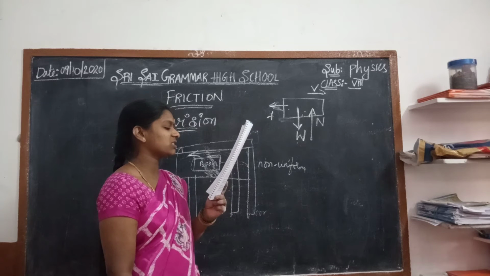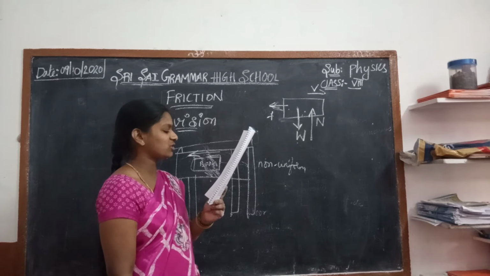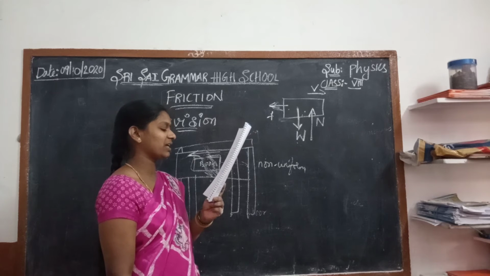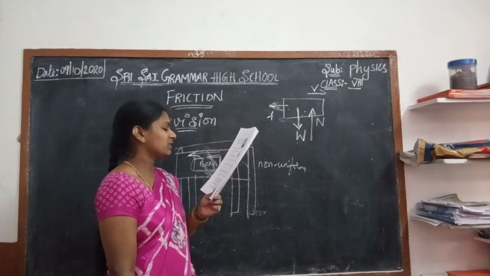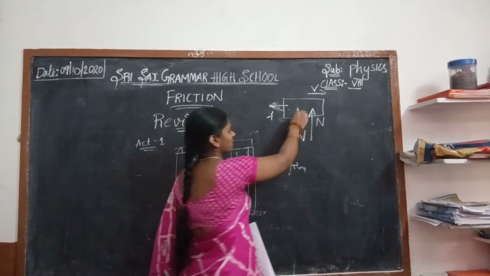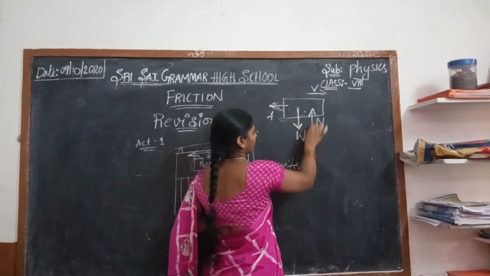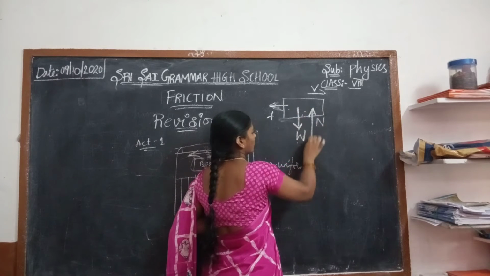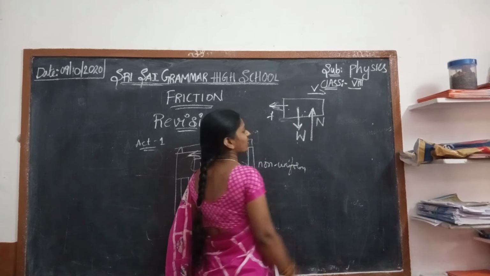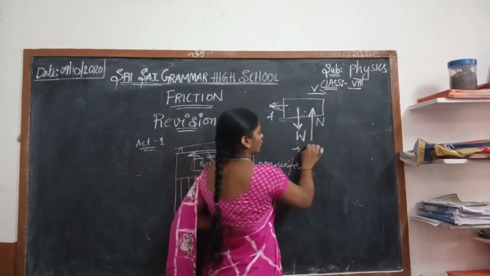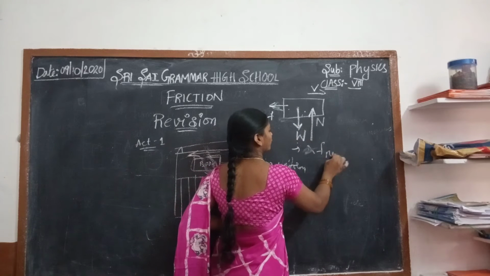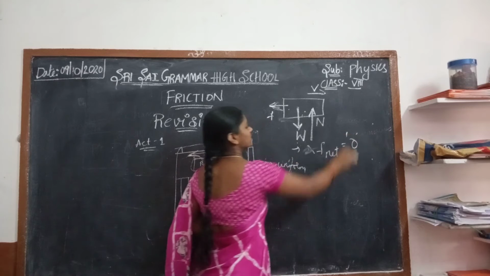As there is no change in motion of the book along the vertical direction, the net force acting on the book in the vertical direction is 0. So the net force acting on the body is 0.